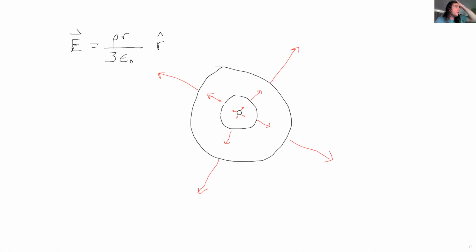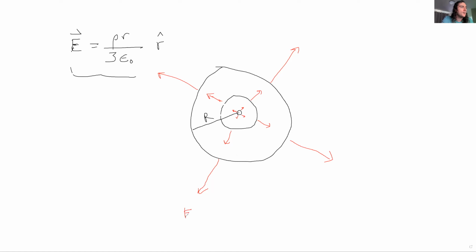And what's the value of the electric field here at the full radial distance? If this is big R, remember big R was the full size of the sphere. Well, we take this thing here and we plug in big R, and that's our answer.